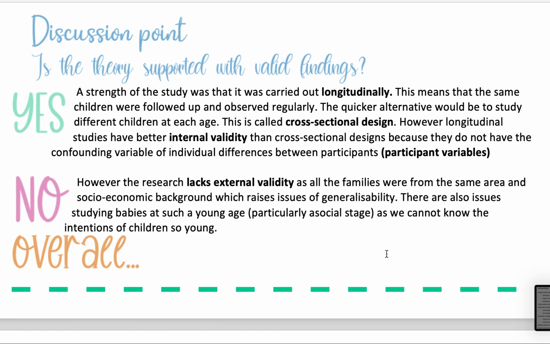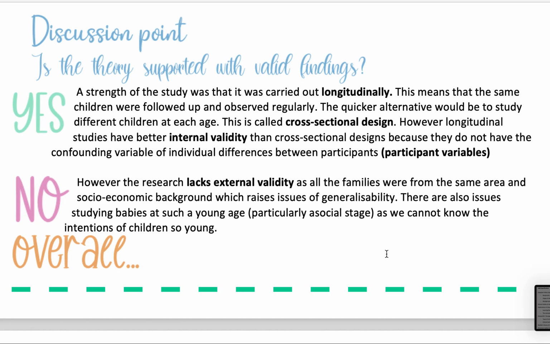So if they were to use different children, then what appeared to be a change in attachment style could actually just be that the older children were more social, more extroverted, etc. So that's why they were forming multiple attachments.